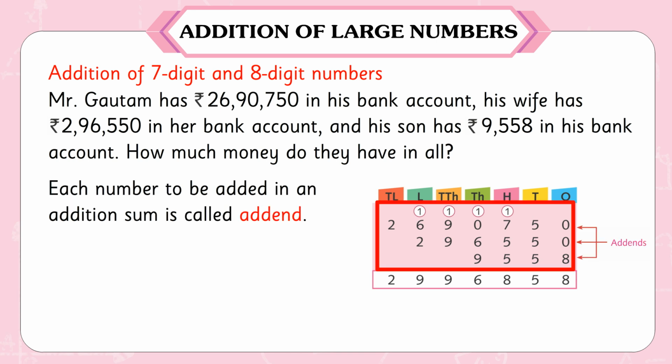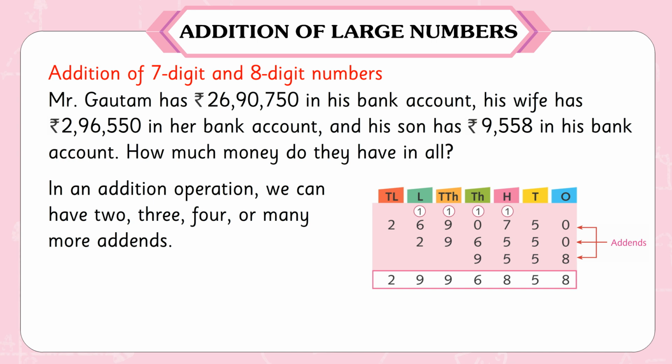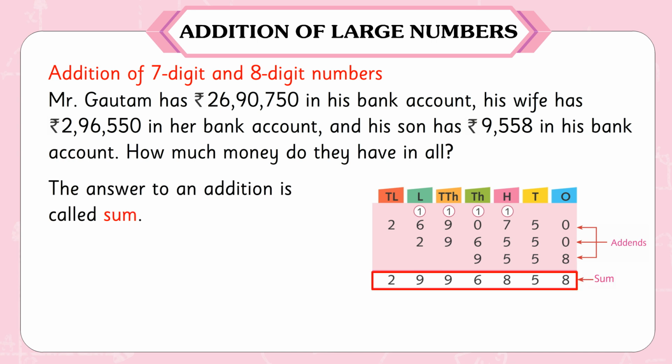Each number to be added in an addition sum is called an addend. In an addition operation, we can have 2, 3, 4 or many more addends. The answer to an addition is called the sum.